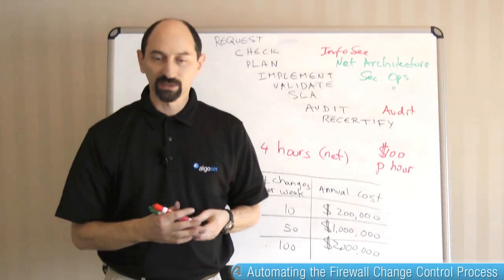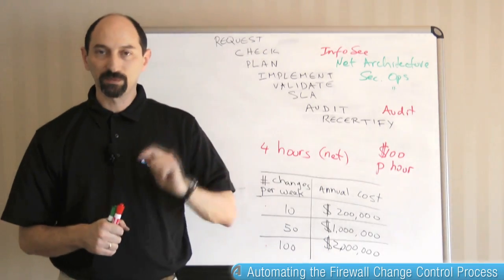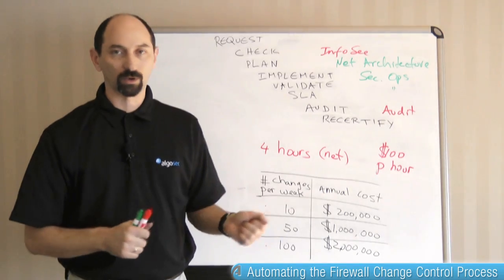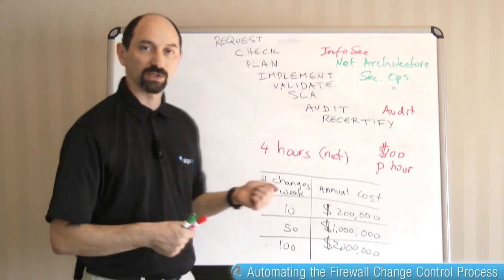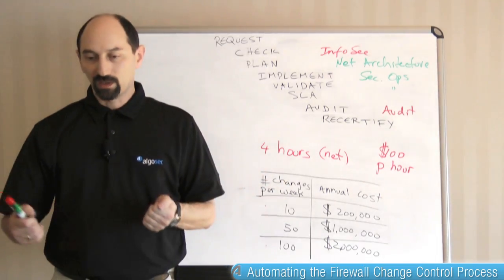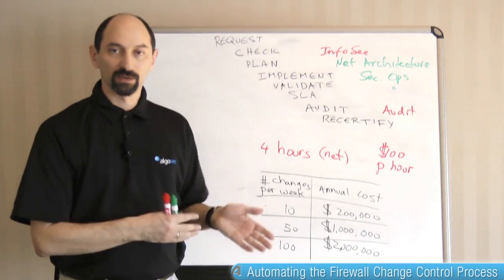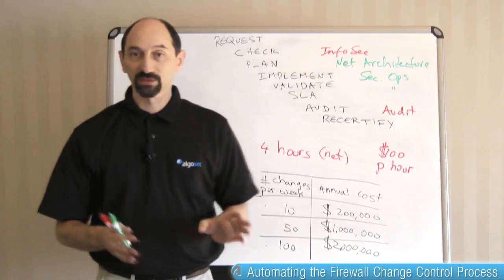So there are significant challenges here in terms of time and cost. And that is even before we take into account the additional work needed to accommodate next generation firewalls, where you might need to process even more changes to filter traffic based on the various applications, with their extra granularity and extra work. So these are fairly conservative estimates.